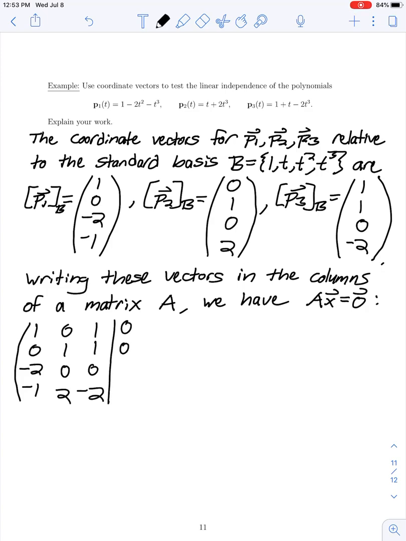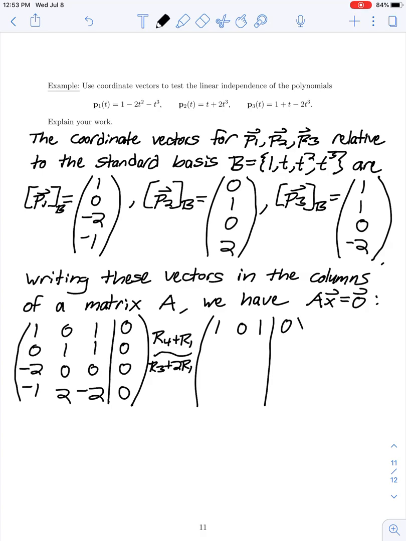So augmenting this matrix with our 0 vector, let's see if we have only the trivial solution or non-trivial solutions. Here, to perform row reduction, we could take row 4 plus row 1, or row 3 plus 2 times row 1, which makes my first row 1, 0, 1, 0, so leaving it alone here.